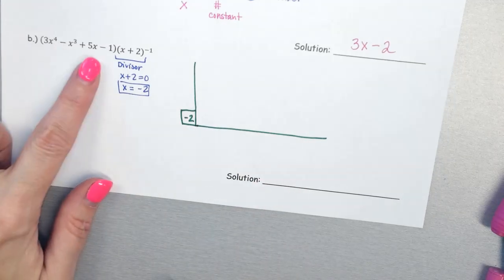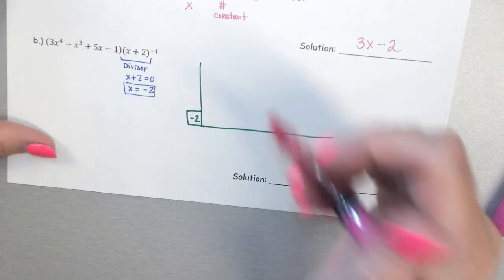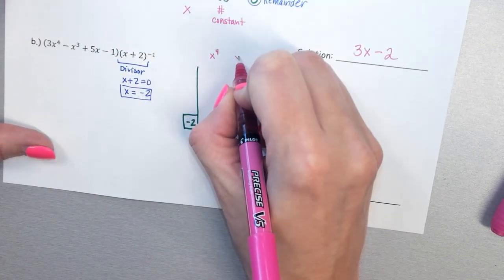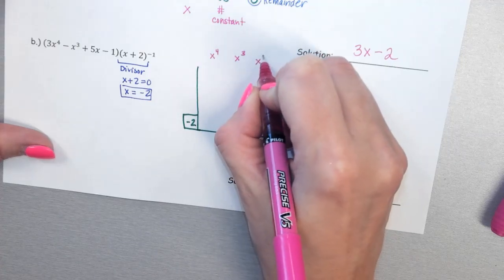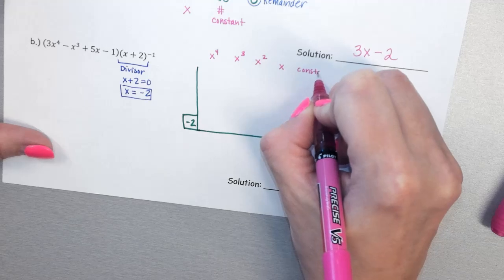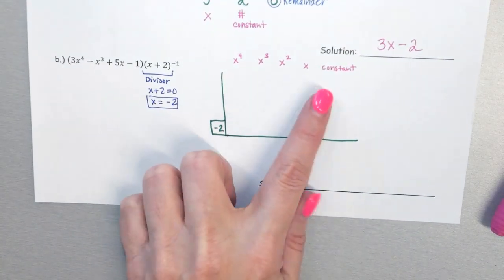Is this in standard form? Yes. So if you start with x to the 4th, you should have a coefficient for x to the 4th, x to the 3rd, x to the 2nd, x, and your constant term. Right now I want you to take a moment and list the coefficients.